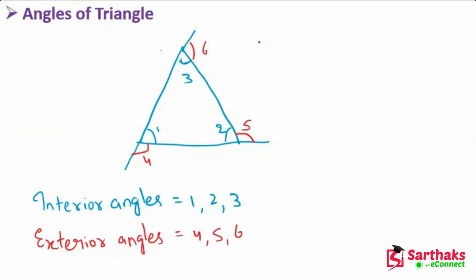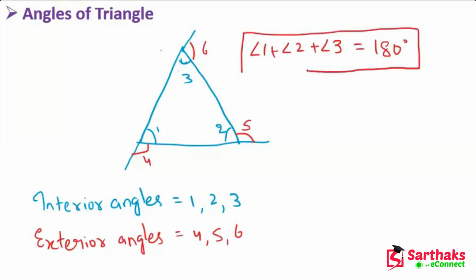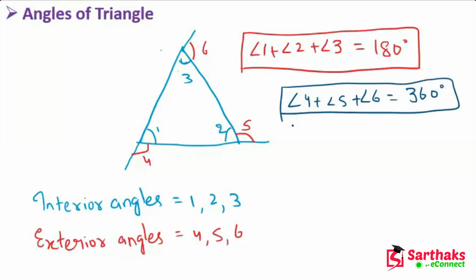Angle 1 plus angle 2 plus angle 3 is always equal to 180 degrees. Now if we add the exterior angles, angle 4 plus angle 5 plus angle 6, it is equal to 360 degrees.